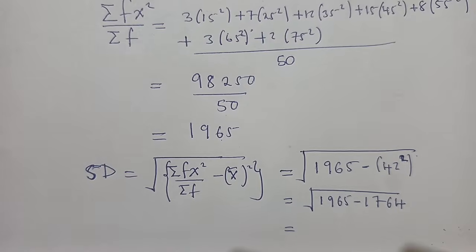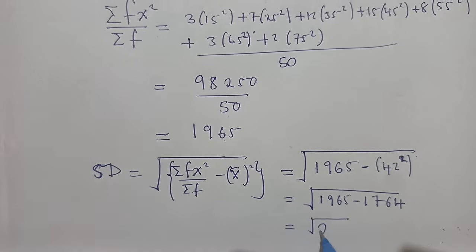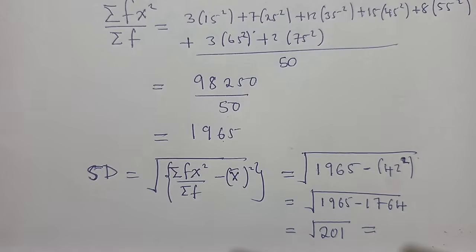Don't do anything to the square root. First, work out what is inside. So when we subtract 1965 minus 1764, this is giving us 201. So now you can punch on your calculator the square root of 201.